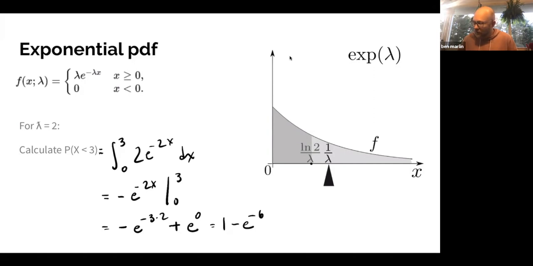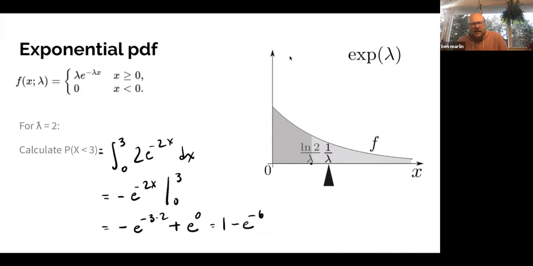So this represents the probability that our value of x will end up being to the left of 3, and that is 1 minus e to the minus 6.